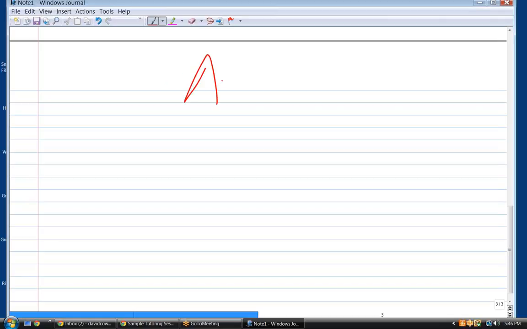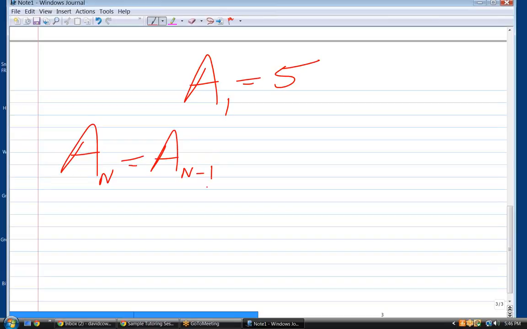There's like A1 equals 5, and then it says AN equals AN minus 1. Or is that a negative 1? Yeah, that's right. And then it says plus 6, right after that.